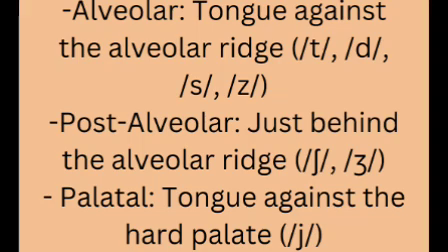Examples of sounds in that category include t, as in time, table, television, wristwatch. Then we also have d, as in dirty, dog, dove, and s, as in sing, and z, as in zebra, zip.